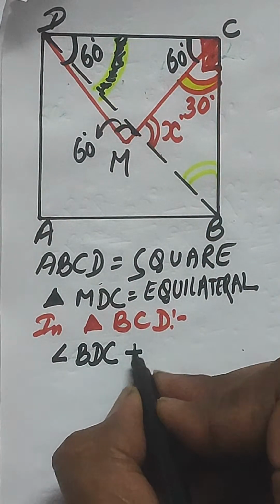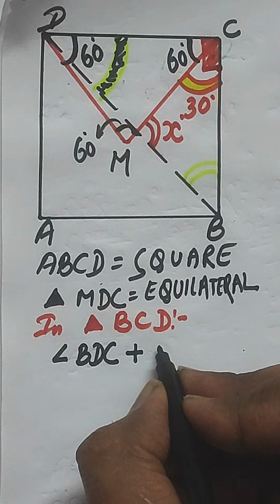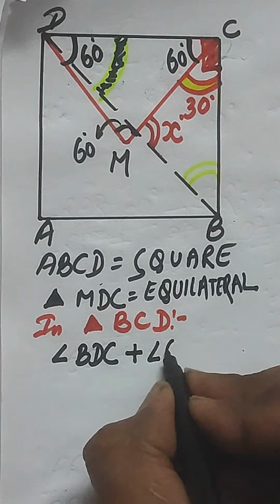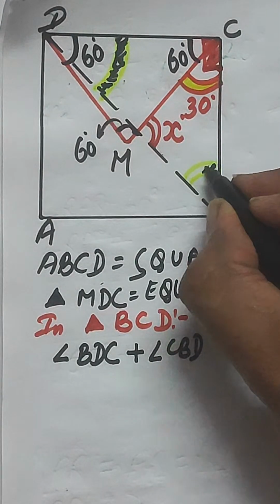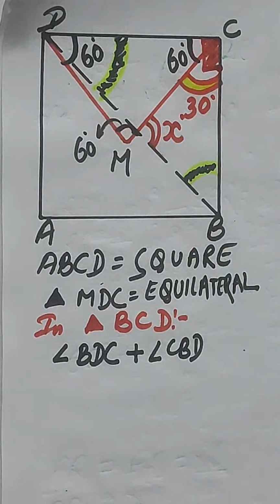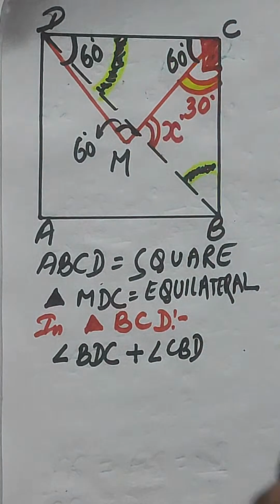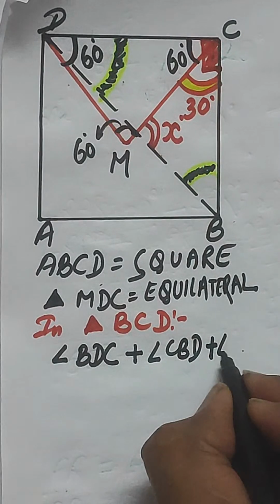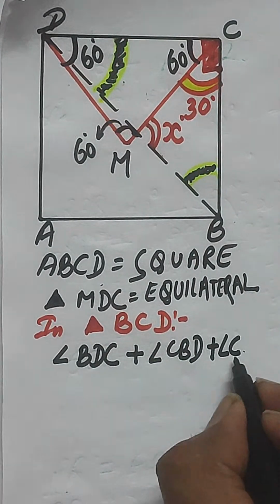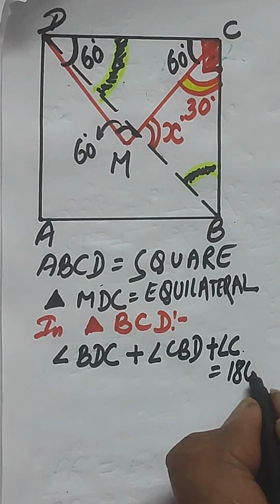Angle BDC and angle CBD, both will be added with this angle C and the sum will be 180 degree, right?